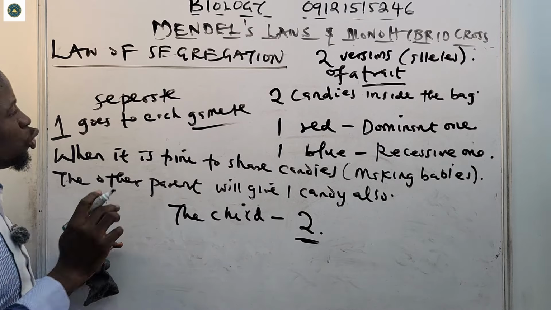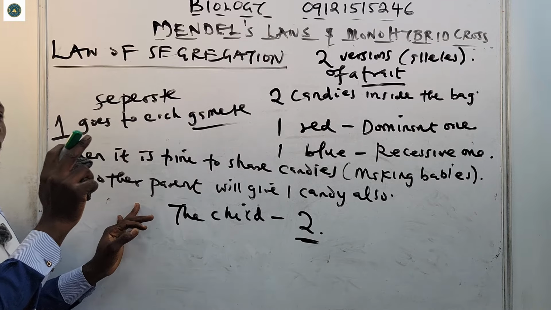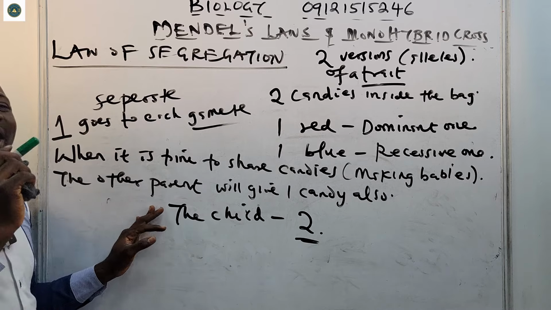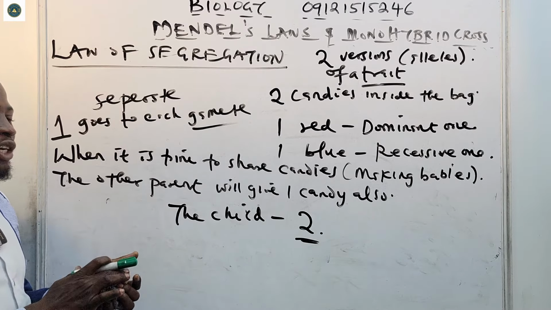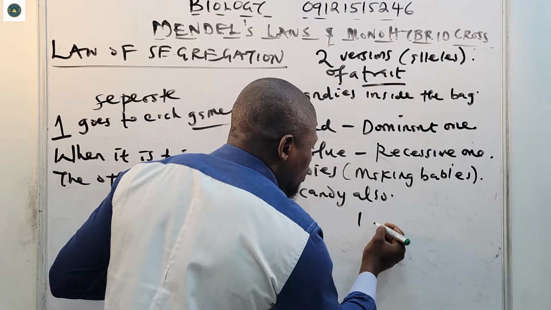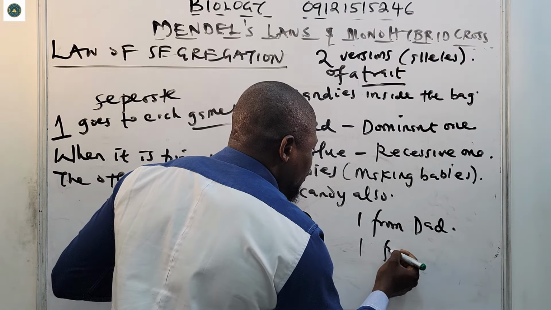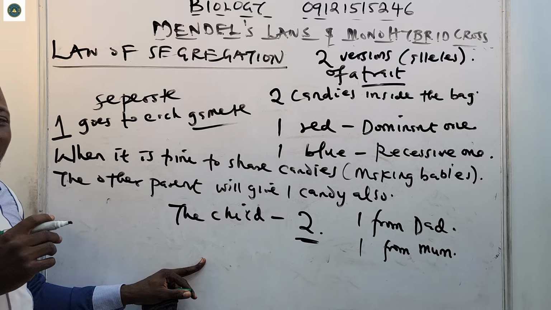One allele will go to each gamete, and when fertilization happens, the child will get 1 from the dad and 1 from mom also. This is what happens basically.